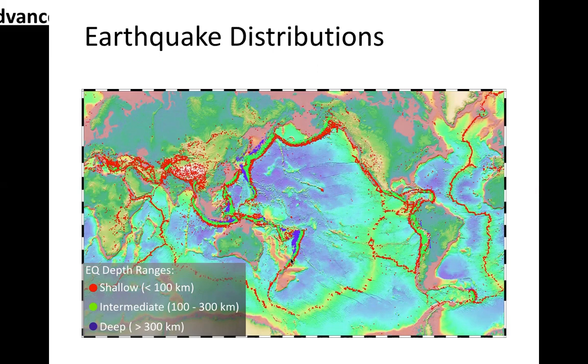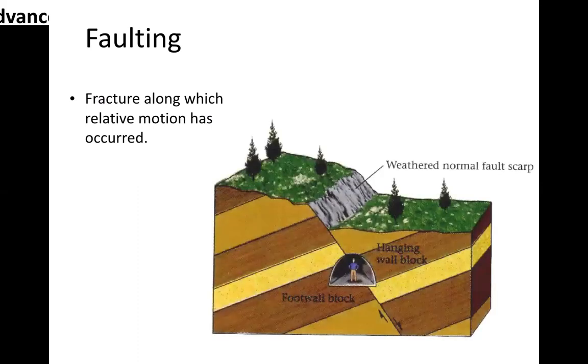So let's first do a quick review on faulting. A fault is a fracture along which relative motion has occurred, a fracture within the Earth. So for this example, the normal fault shown here, the hanging wall block, which lies above the fault plane, has moved down relative to the footwall block, which is below the fault plane.